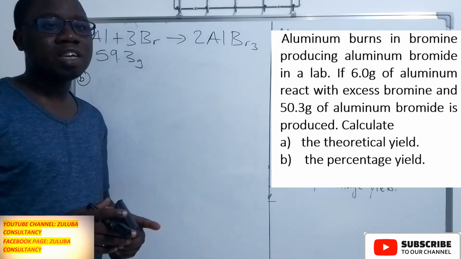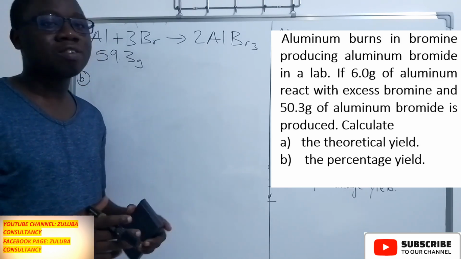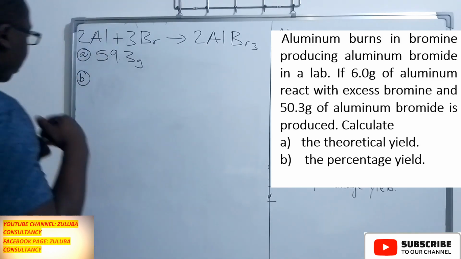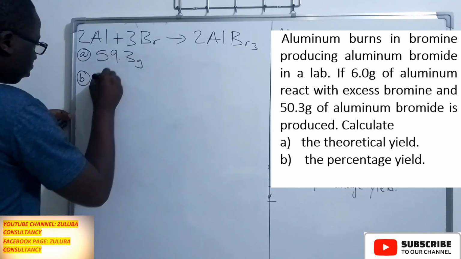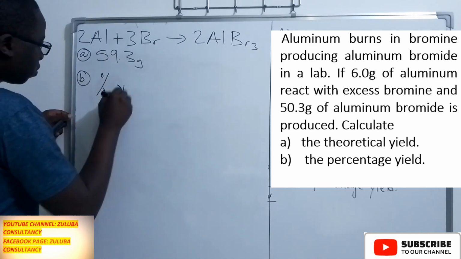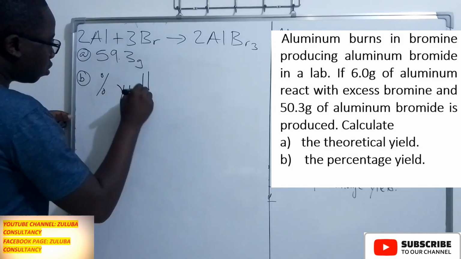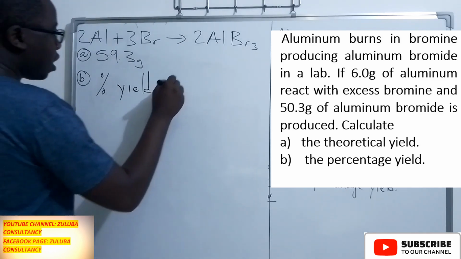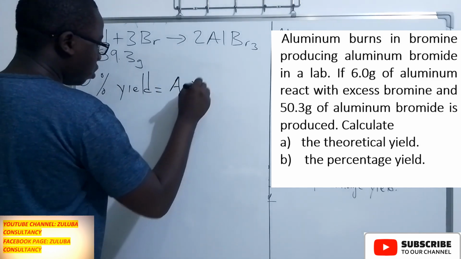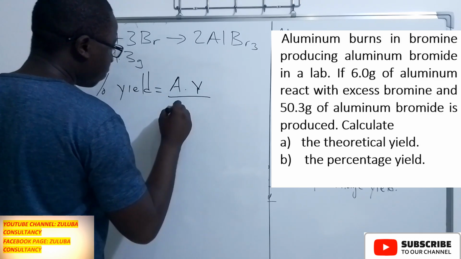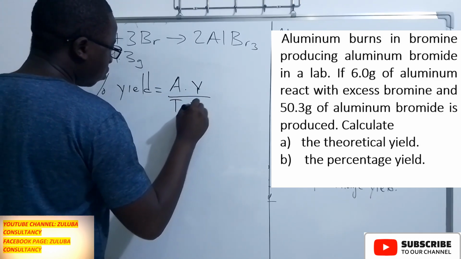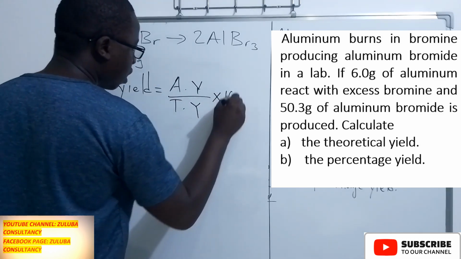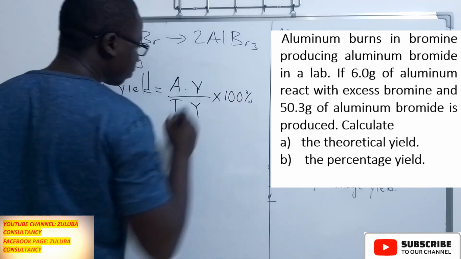The second question is asking us to calculate the percentage yield. We use this formula to calculate the percentage yield, whereas the percentage yield is equal to the actual yield divided by the theoretical yield multiplied by 100%.